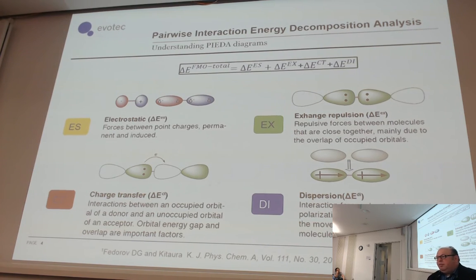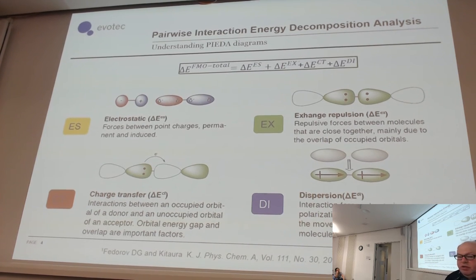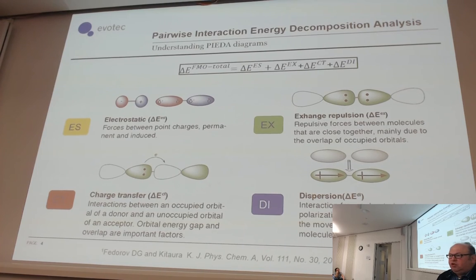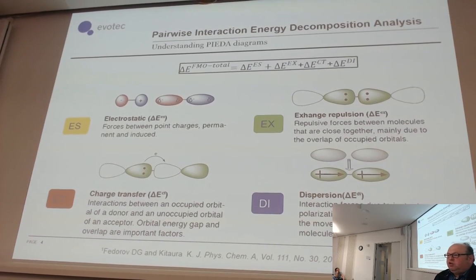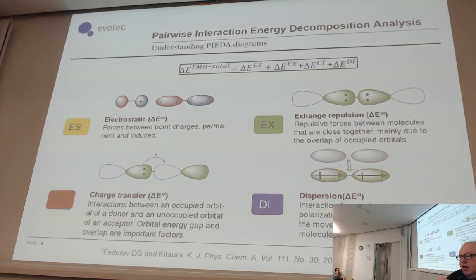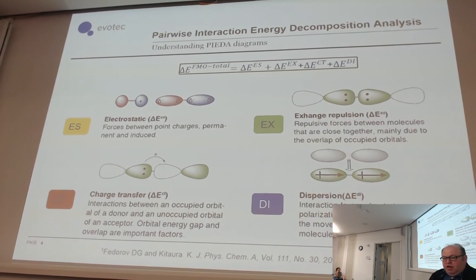One is electrostatics, which is the interaction between charged particles. Charge transfer is the interaction between occupied and non-occupied orbitals. Exchange repulsion is a repulsion between two occupied orbitals, and dispersion is forces between multipoles, or polarization, caused between two neighboring molecules.